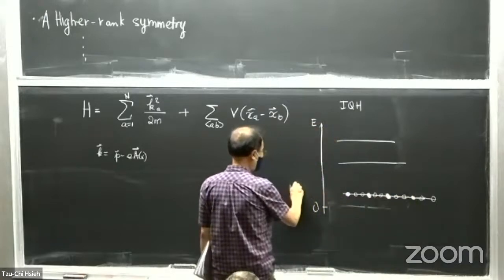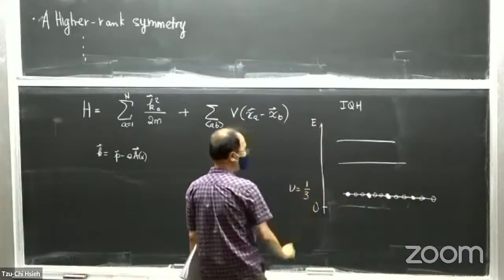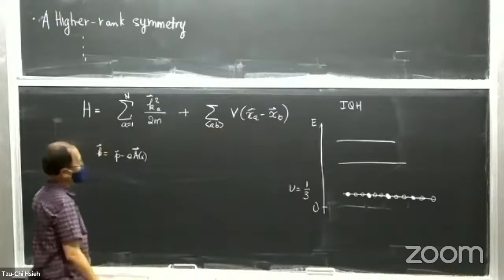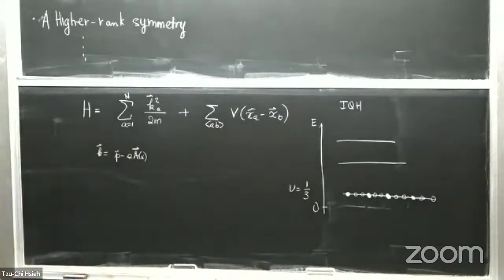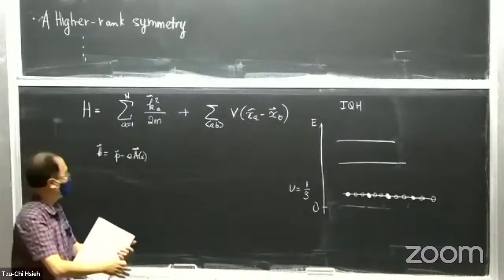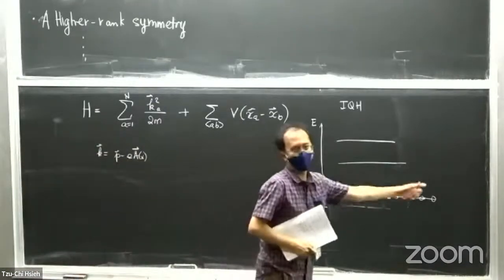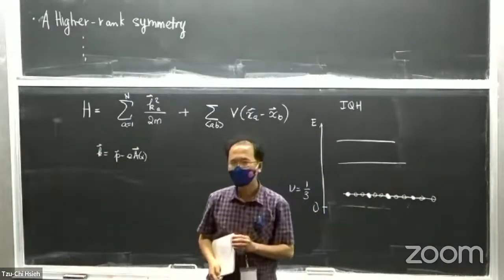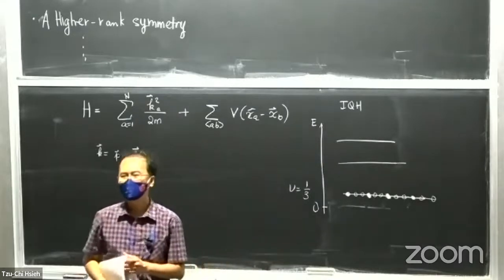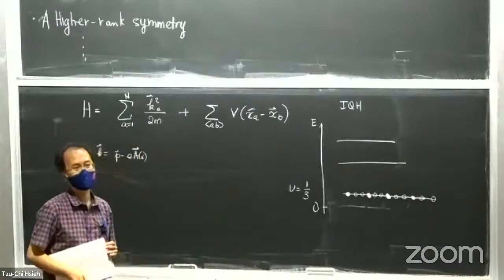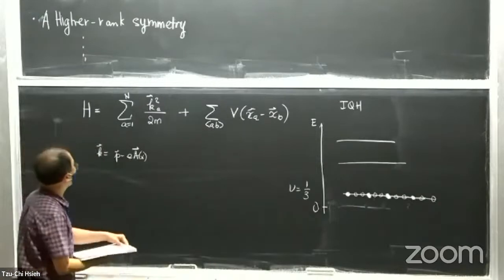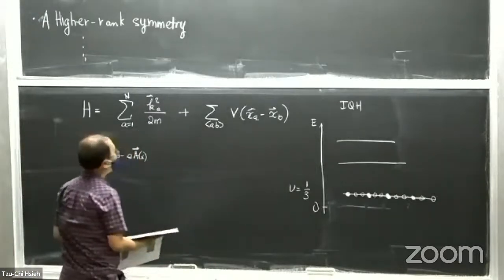So the filling factor here is equal to 1/3. And this picture of non-interacting particles will not tell you how you distribute these particles amongst these orbitals. So the problem becomes difficult. It will not be possible to solve without taking into account the interaction.